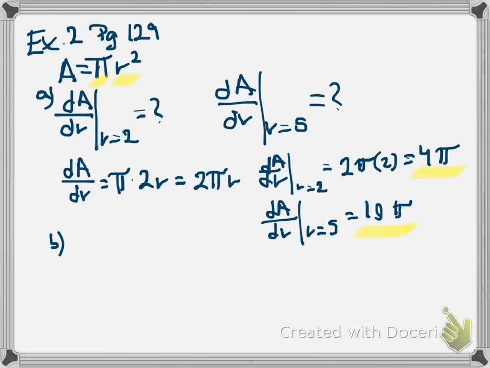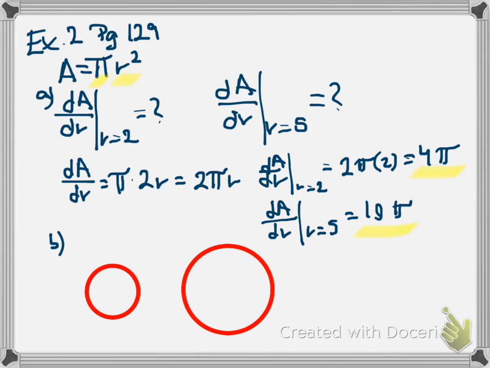If you take a look at page 130, you will see that if you have the radius of a small circle, and this is a change, and you have another, bigger circle, even delta r, the change in the radius, is the same as the one that we have here, but the radius of this circle is bigger than the one that is here.